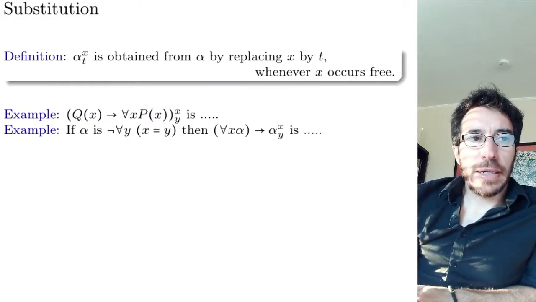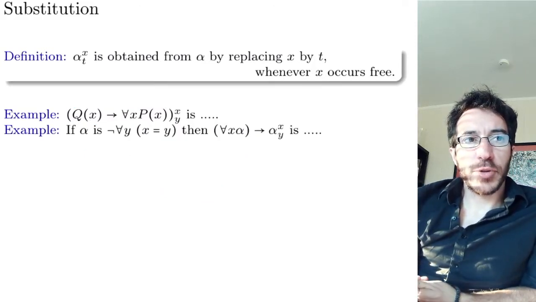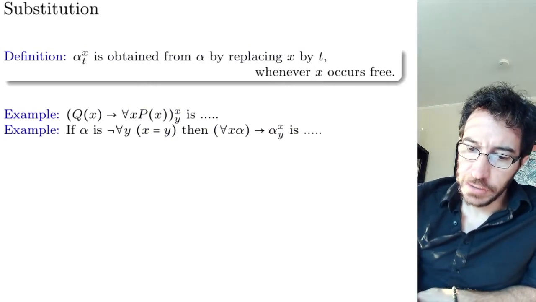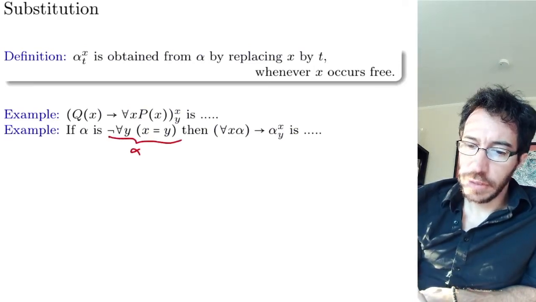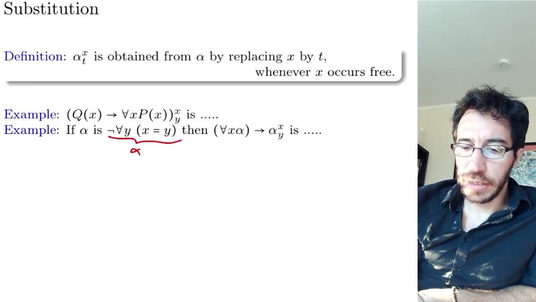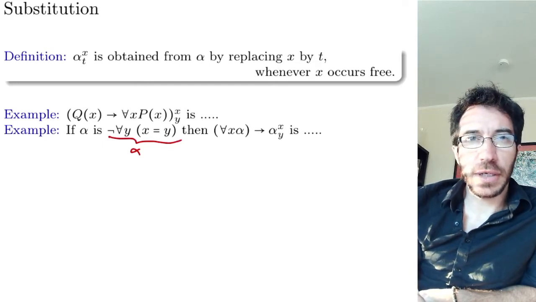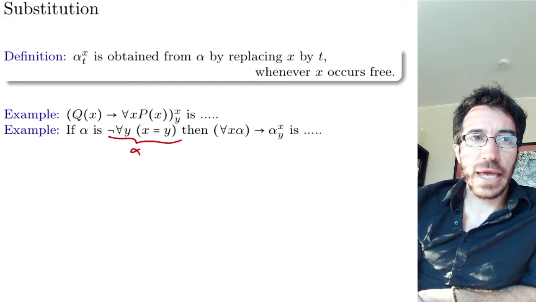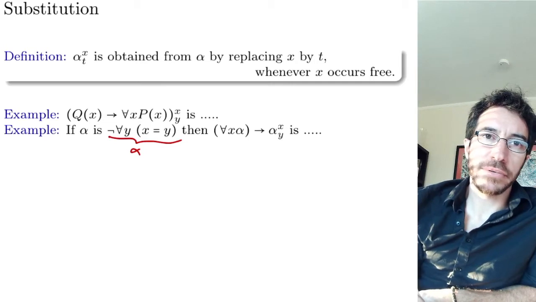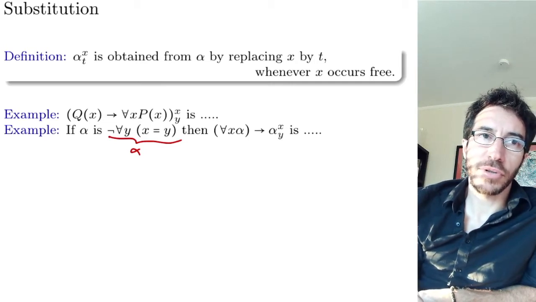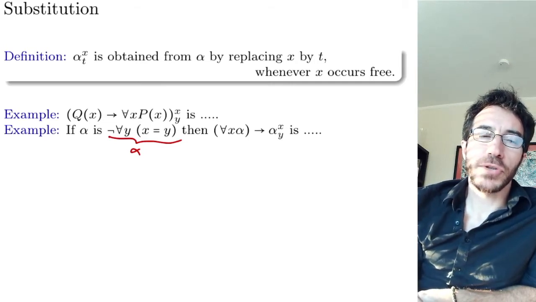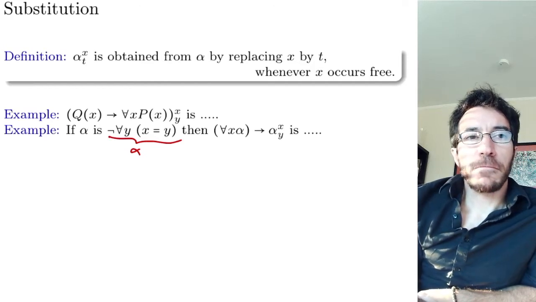What about the following example? Suppose alpha is of this form: for every y, not for every y, x equals y. Essentially it's saying x is not the only guy in the whole universe of the structure. It's not true that everybody is equal to x.